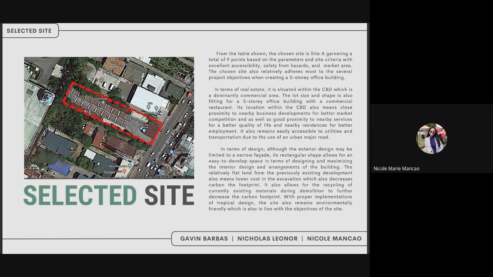The site is relatively flat because of the existing development, which means lower cost in excavation and also decreases carbon footprint. It also allows for recycling of existing materials during demolition to further decrease the carbon footprint. With proper implementation of tropical design, the site also remains environmentally friendly, which is in line with the objectives of the site. That's all, sir.